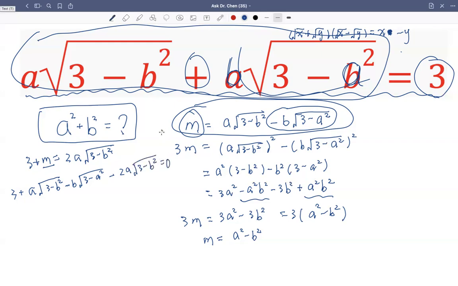Nothing left on the right-hand side, so equals 0. So why is this good for us? So I have 3 minus a square root of 3 minus b squared minus b square root of 3 minus a squared. Let's see will this help us. And this equals 0.